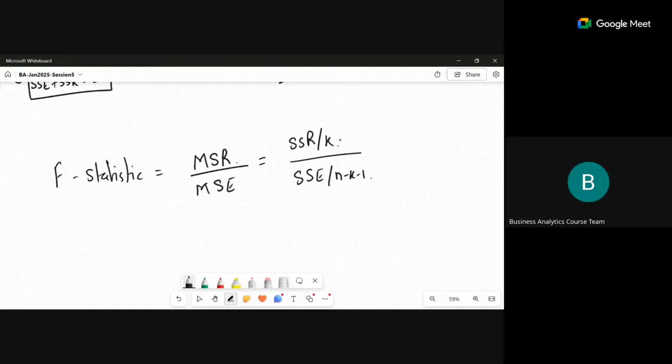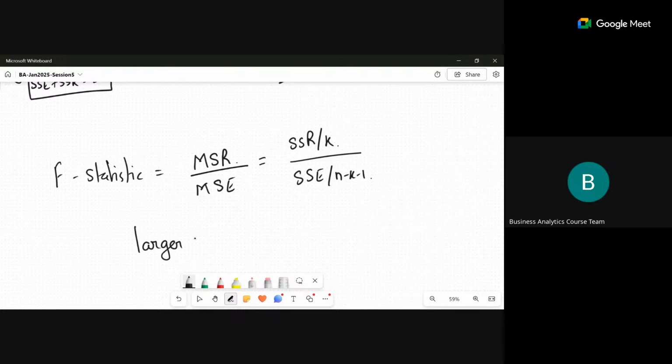So SSR by k is the mean variability captured by the regressor. If I have n minus k minus 1 degrees in which my errors can move, SSE is the amount of variability that they account for. So SSE by n minus k minus 1 is the mean variability captured by my error. The ratio of these two is my F statistic.